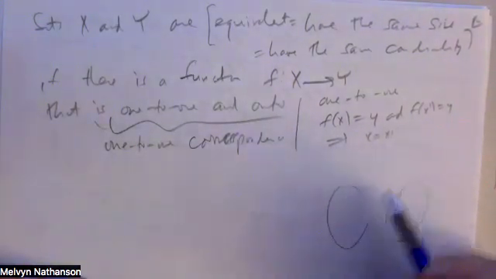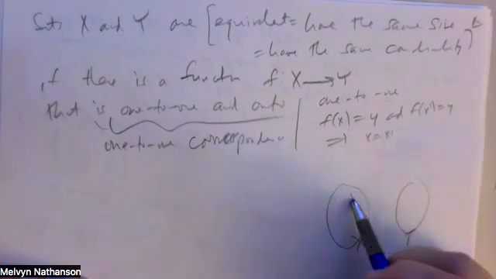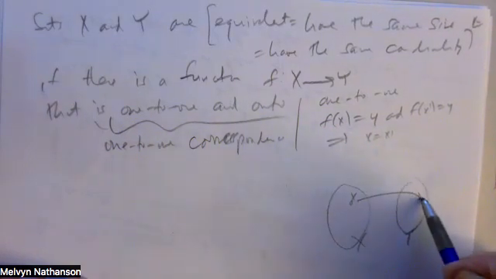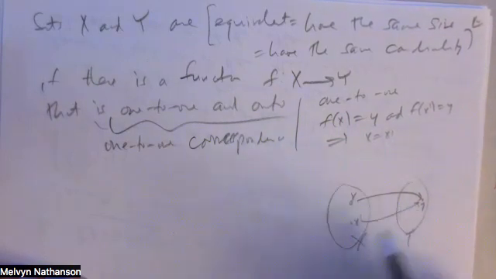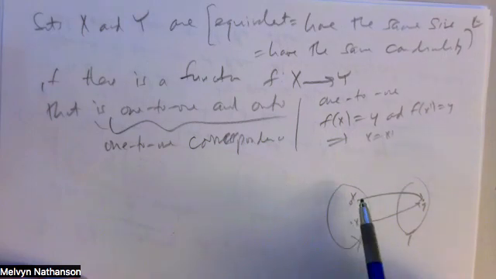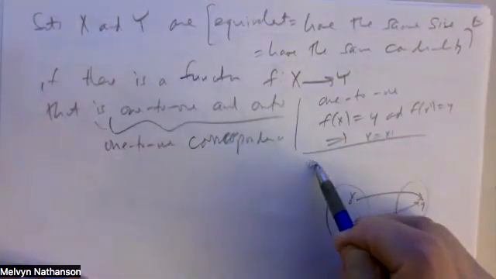So this is the set X, this is the set Y. If I have an element x that gets mapped to y, and another element x' that gets mapped to this same y, the only way that can happen is if they are the same element. Two different elements cannot map to the same thing. That's what it means for a function to be one-to-one.